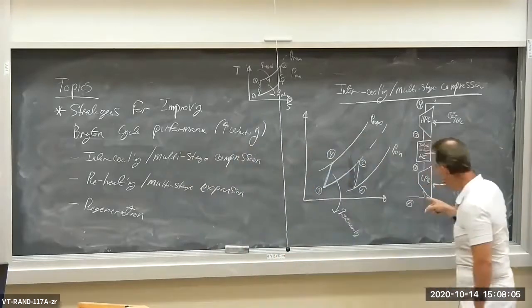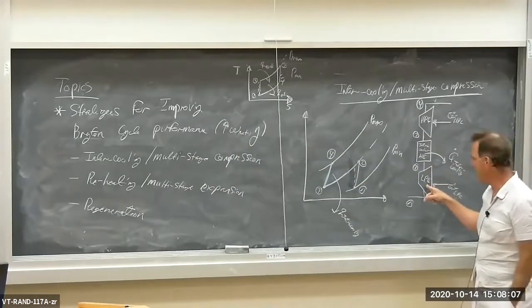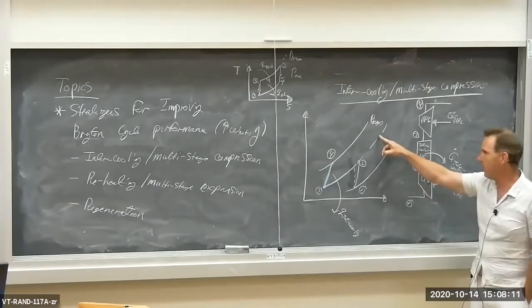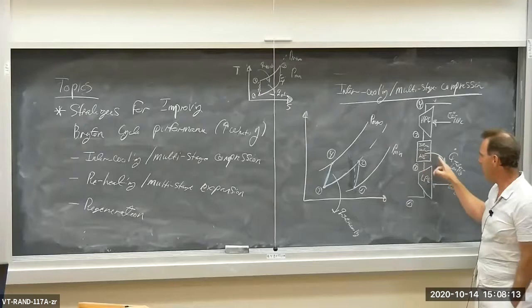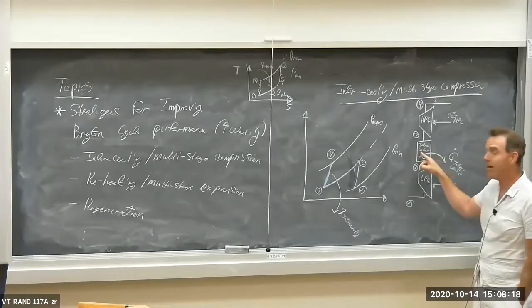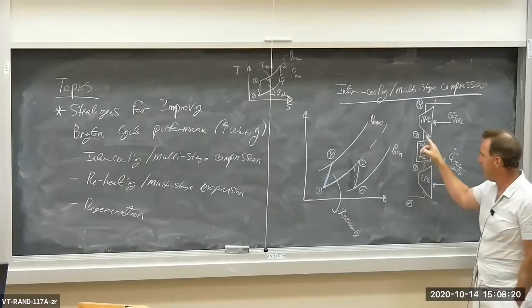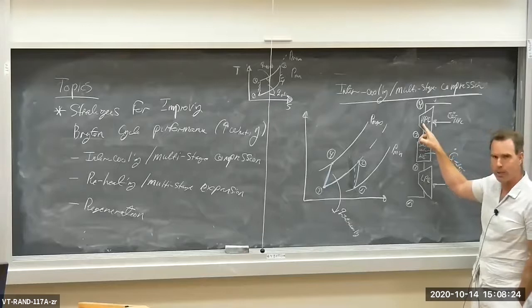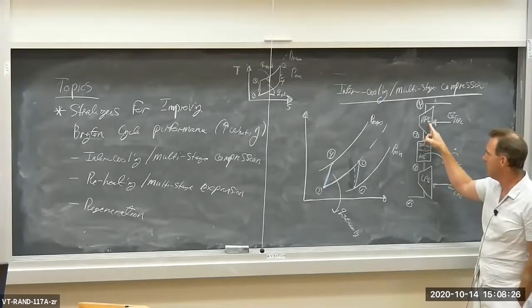So the air goes into a low pressure compressor. It gets pumped up to an intermediate pressure. Then we reject some of the heat. We cool the air down through an intercooler. And then we complete the compression process in the second, high pressure compressor.